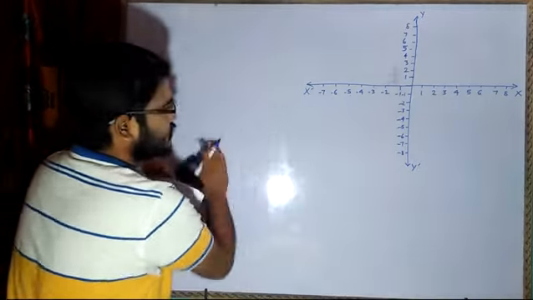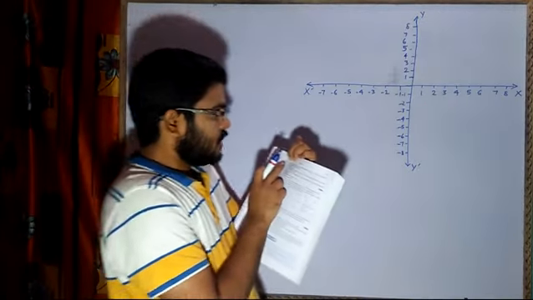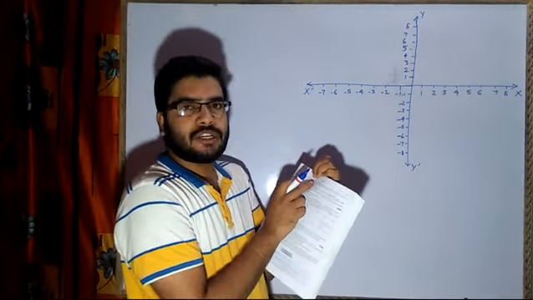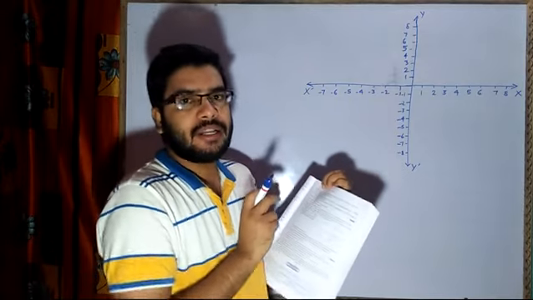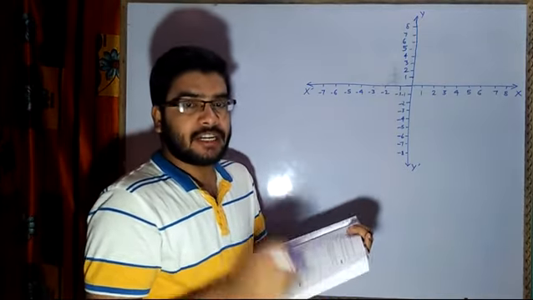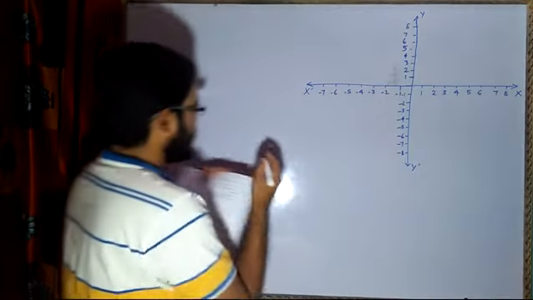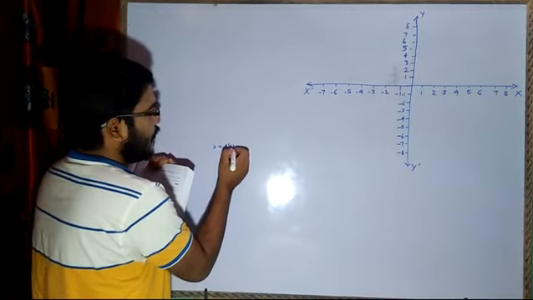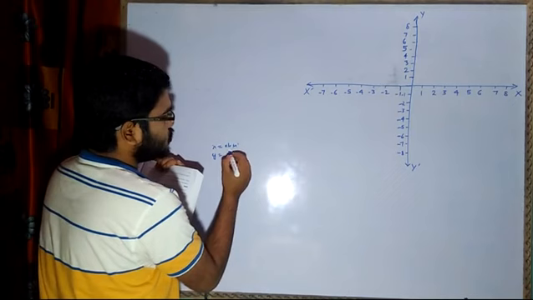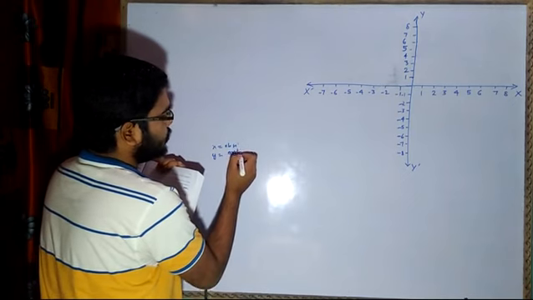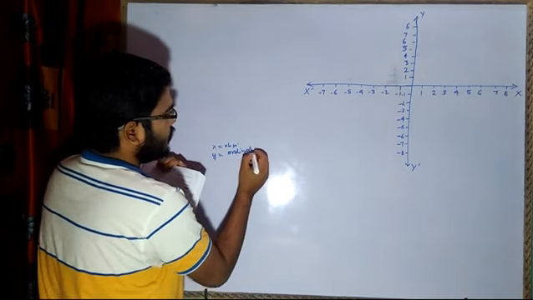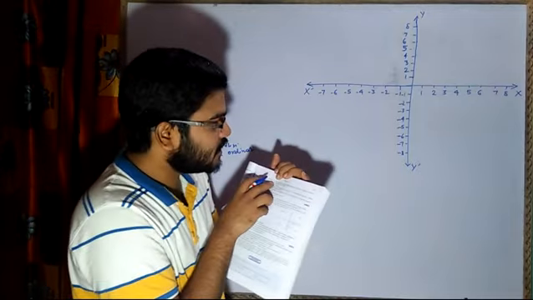Now as you can see, it is mentioned here 3 comma 0 and minus 1 comma 0. That means the y coordinate, that is called the ordinate, right? The x coordinate is called the abscissa, and the y coordinate is called the ordinate. So here the ordinate is 0.